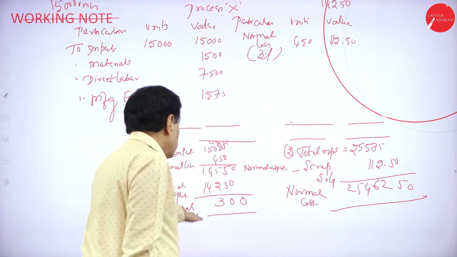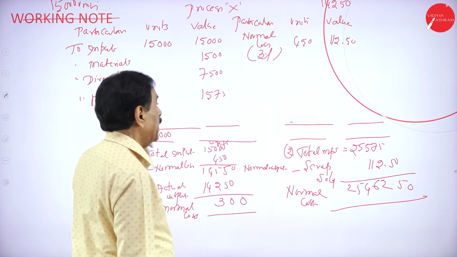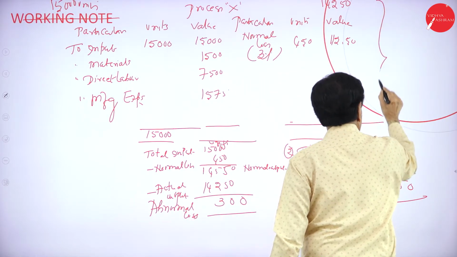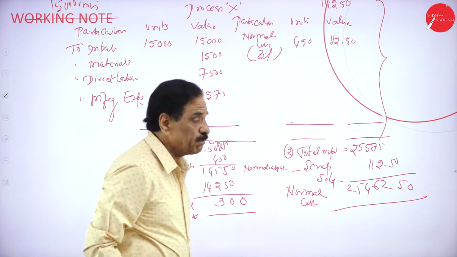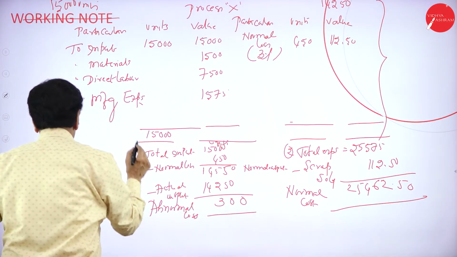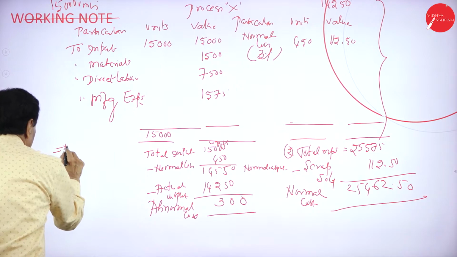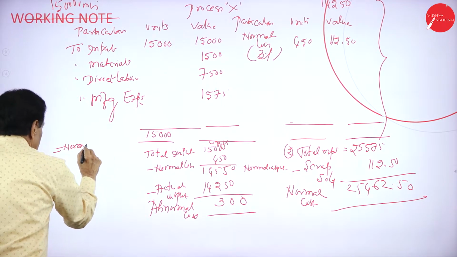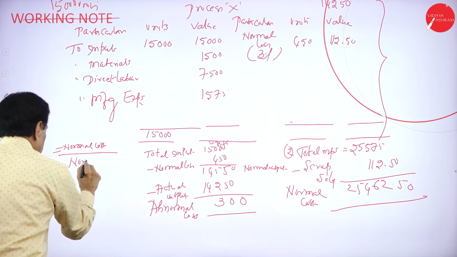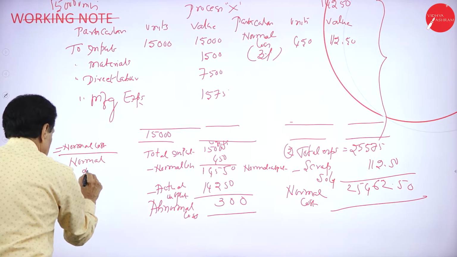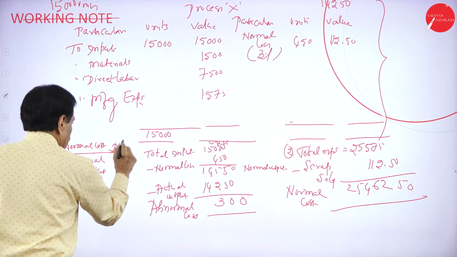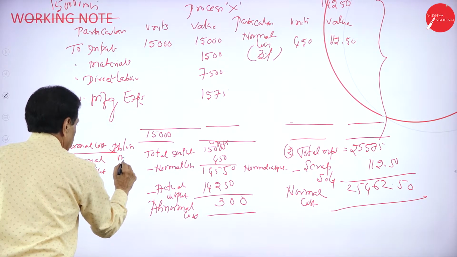So, what are your abnormal loss units? 300. You put the value of abnormal loss here. Formula: normal cost divided by normal output into abnormal loss units.